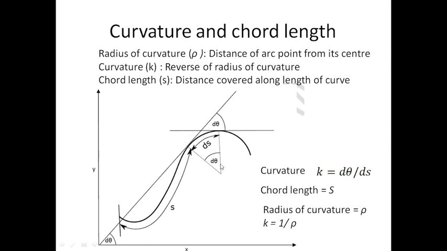For example, this is the angle subtended by this radius on this curve. Then d theta is this angle and ds is the distance traveled. So it is the angle subtended by the distance. The larger the distance, the lower the curvature.